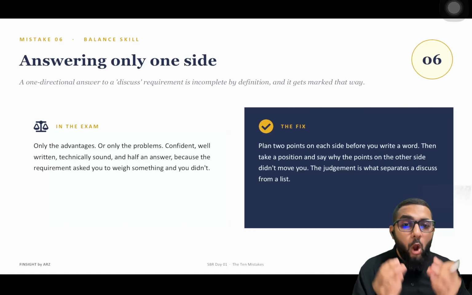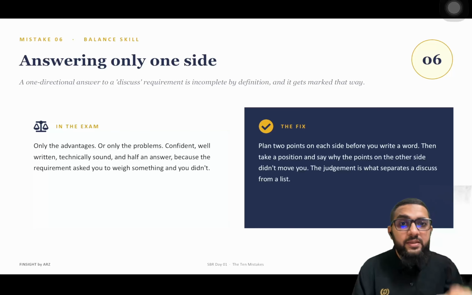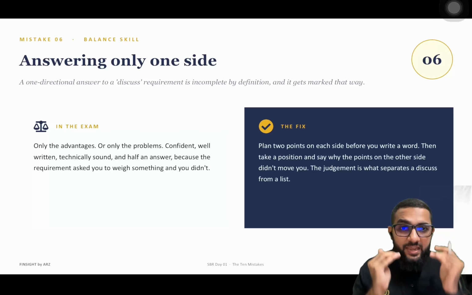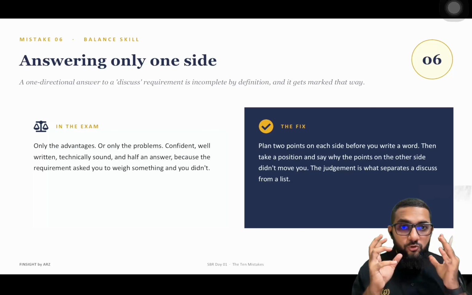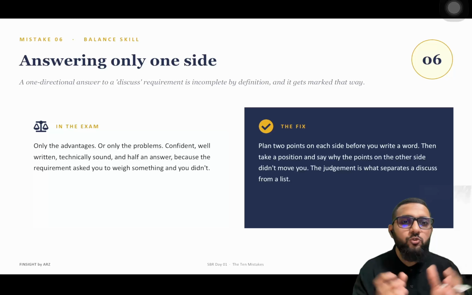Where you only talk about one side of the situation while you're supposed to talk about both sides, in those cases, you will be limiting yourself to only half the marks. So make sure you look at the verb and respond to the verb in its entirety. Two parts, respond in two parts. Do not limit it to one part. Requires a conclusion, bring the conclusion as well. All right.